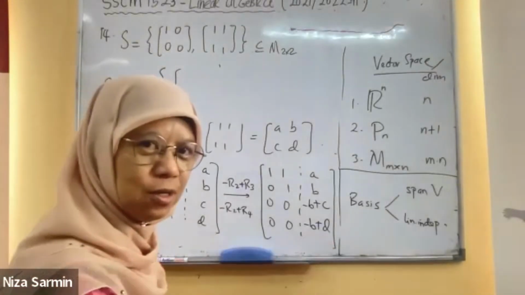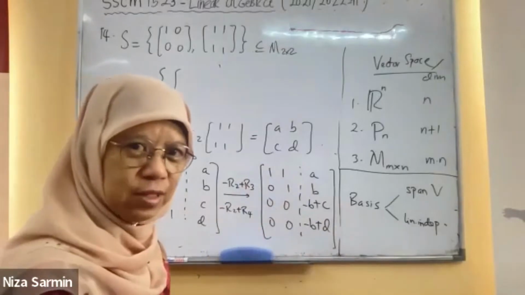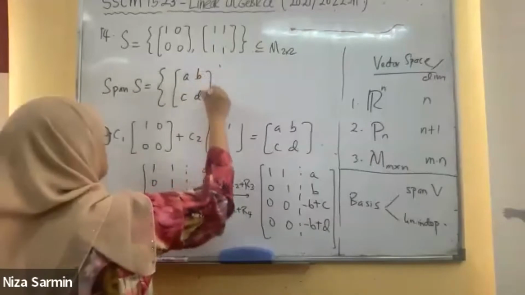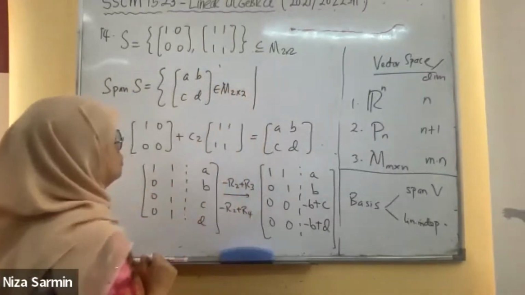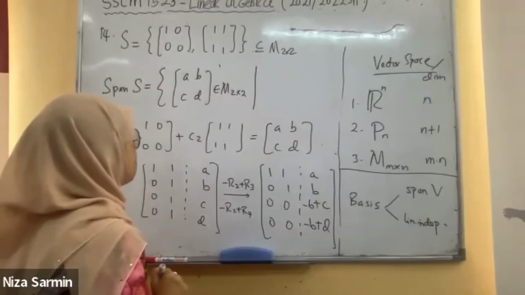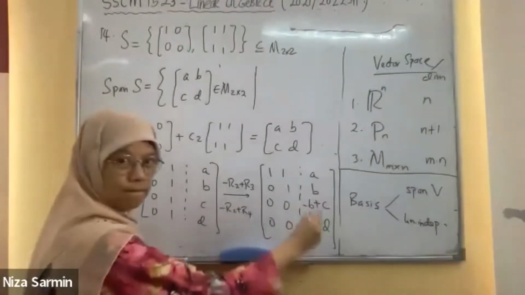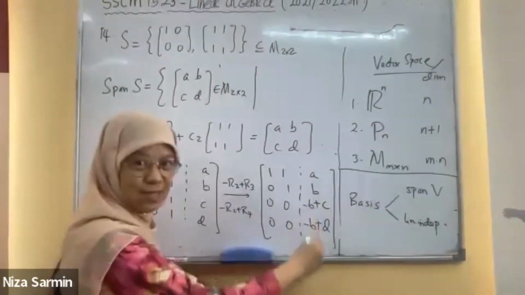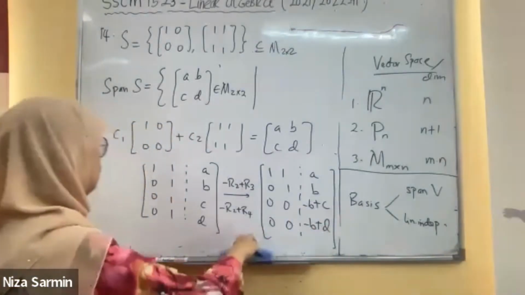It's your vector. And what is the vector in your vector space? It's A, B, C, D in M2 by 2 such that there are two conditions. So you can solve this first. Okay, instead of writing both, you solve that first.